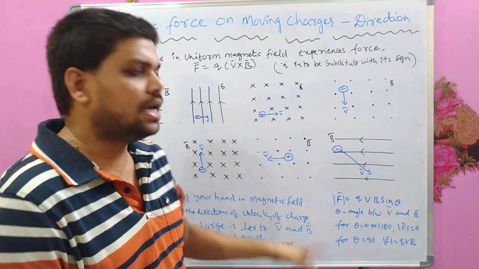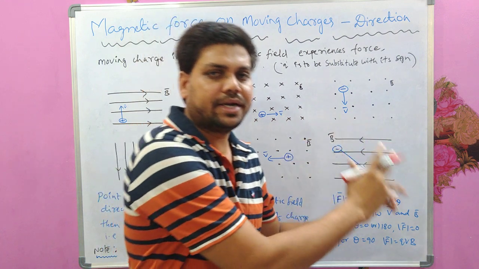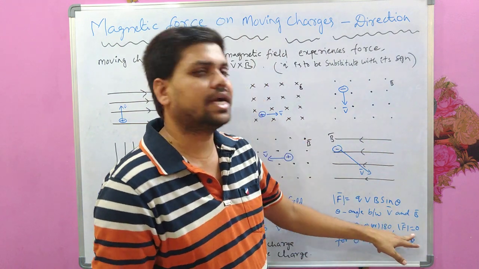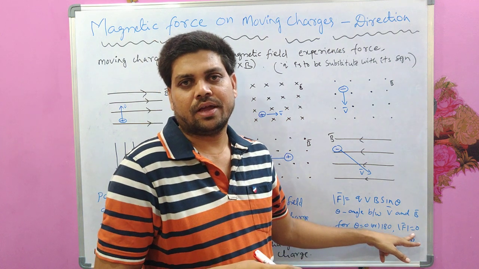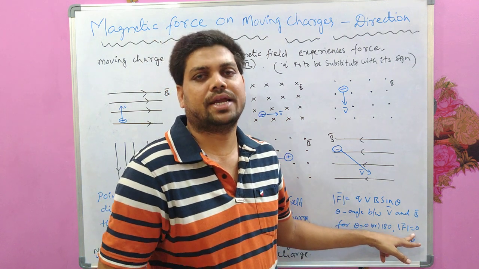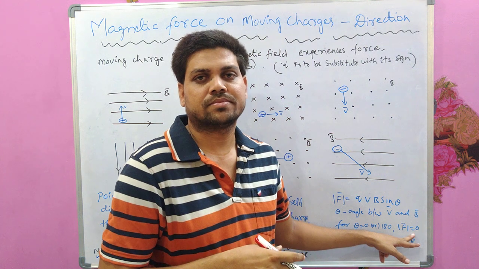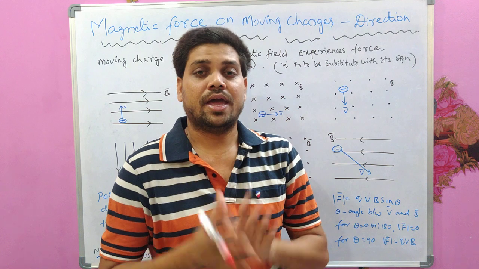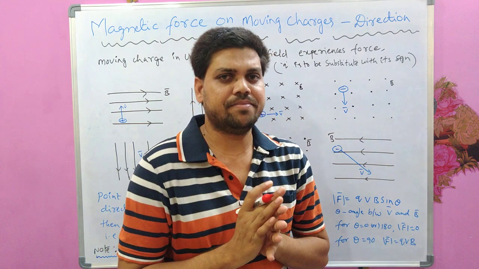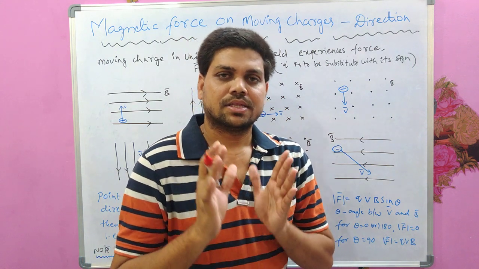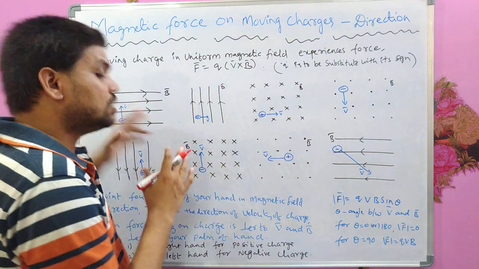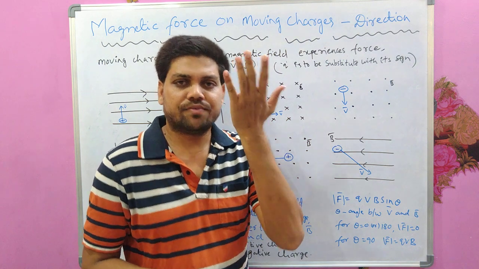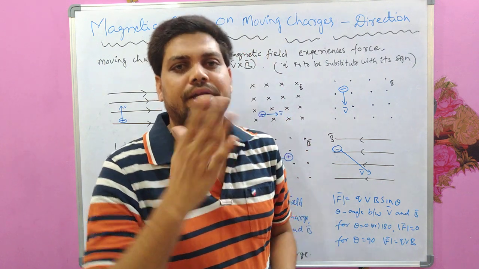Because if the angle between velocity and magnetic field is 0 or 180 degrees, there is no force acting on the charged particle, and we don't need to predict the direction of that force. So first observe the angle between velocity and magnetic field. If it is non-zero and non-180, then identify whether it is a positive or negative charge, so that we can decide whether the left hand or the right hand is to be used.